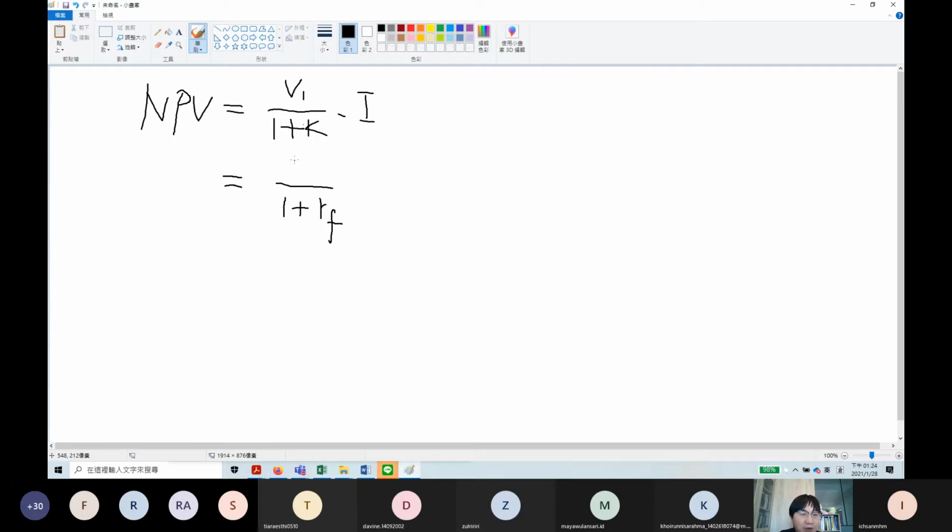This method we call the CEV methodology, certainty equivalent value.